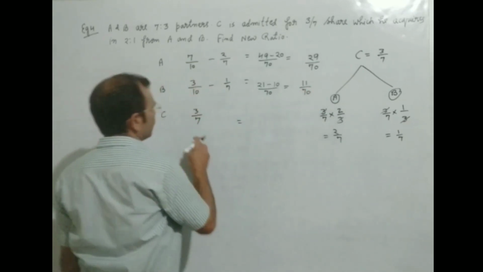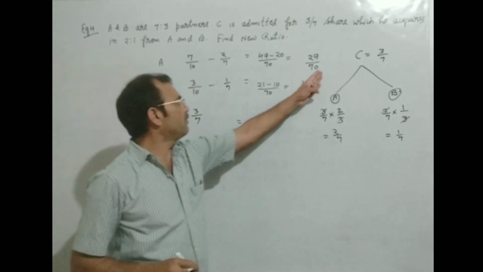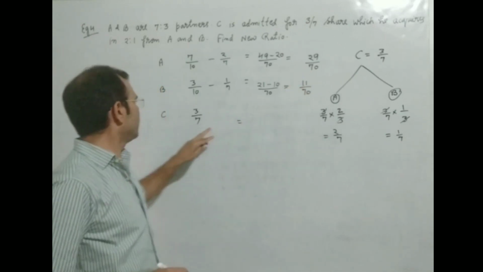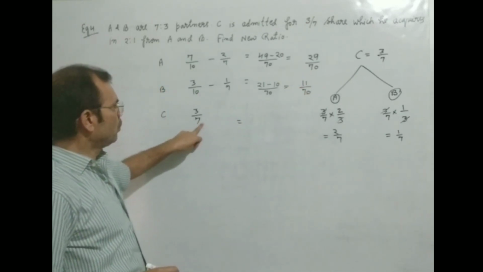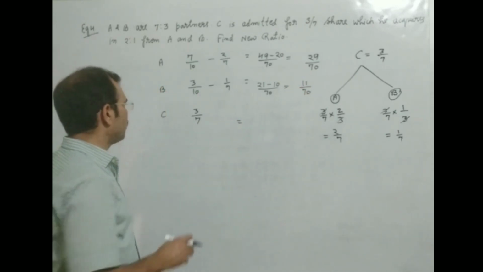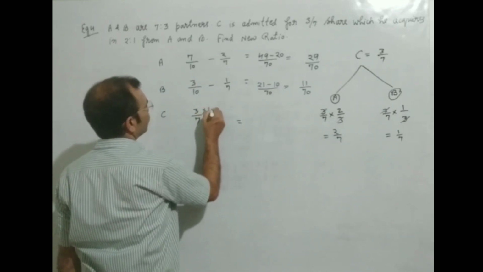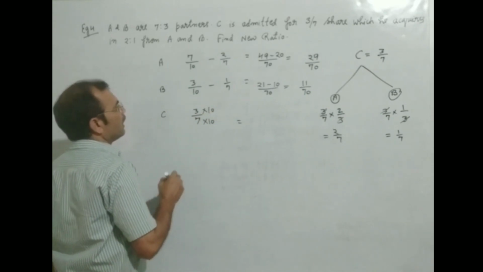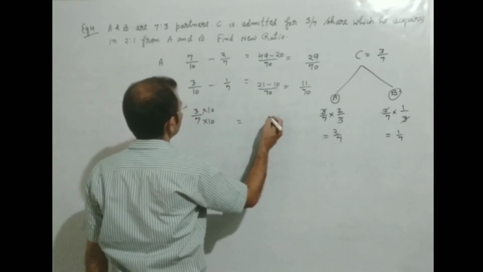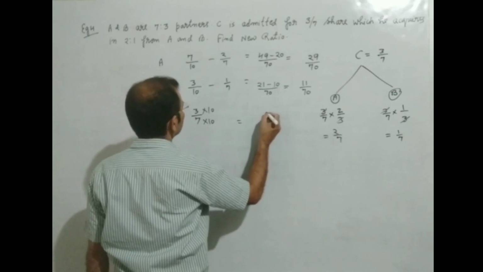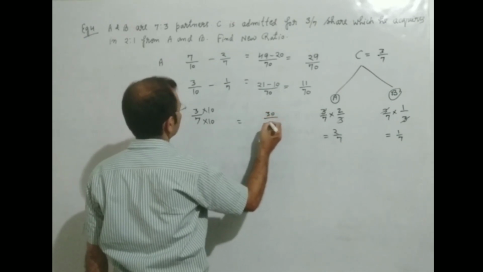11/70 will come. Now you are seeing the denominators are different. Here 70 and here 7. So we will make the denominator equal. If we multiply here by 10, we will have to multiply here by 10, and in this way we will find 30/70.